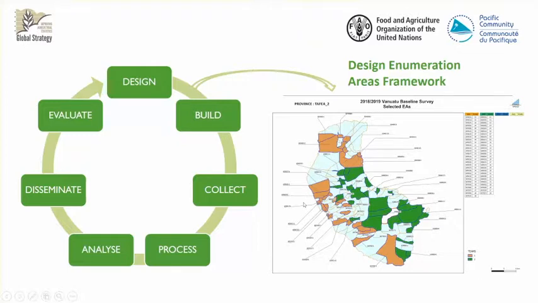So which is the best way to allocate the enumerators? If we put that on a map and the finance people can have a map, they can better plan this. They can better foresee what is going to be needed for the data collection activity.